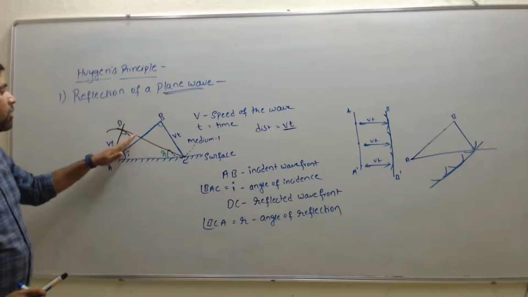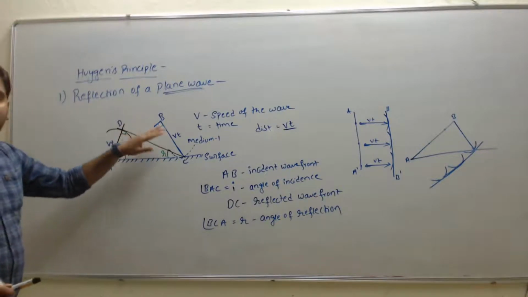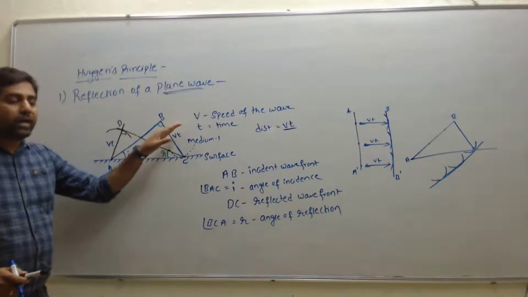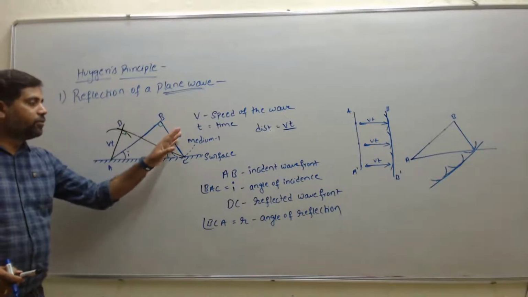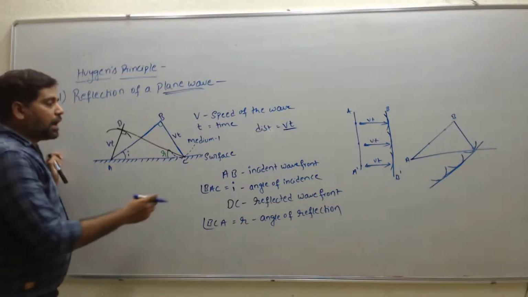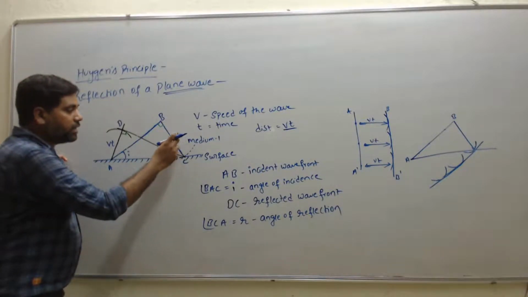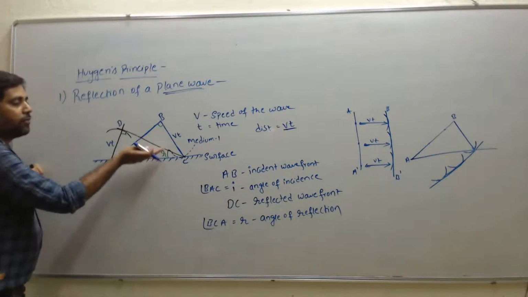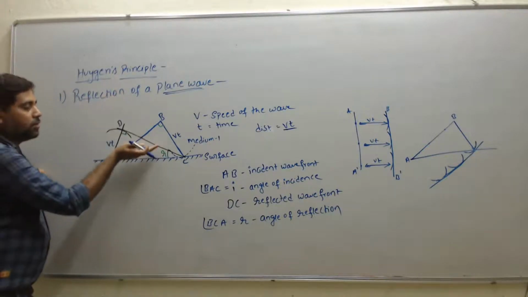Every wavefront has a number of points, and the points travel with the same speed. If the point B travels with v, then point A also travels with the speed v, and it takes the same time t. But here we are studying reflection.